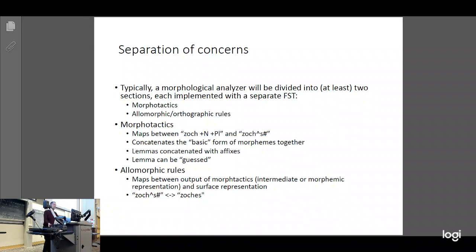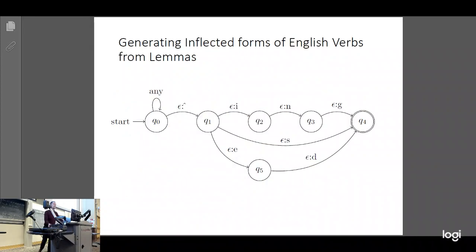So here's an example of morphotactics, simplified. Here we're not dealing with properties like plus V, plus PL, anything like that. We're just mapping between the lemma and the inflected forms of the word, and not even all of the inflected forms of the word.